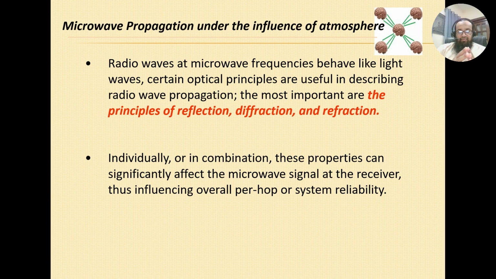The reliability of the system depends a lot on atmospheric conditions. If there is rain or snow or anything, it makes the same kind of problem for microwave that we usually see with light waves.